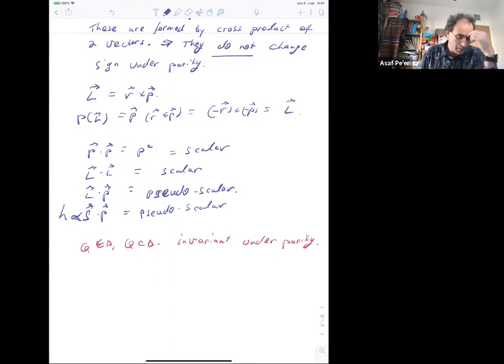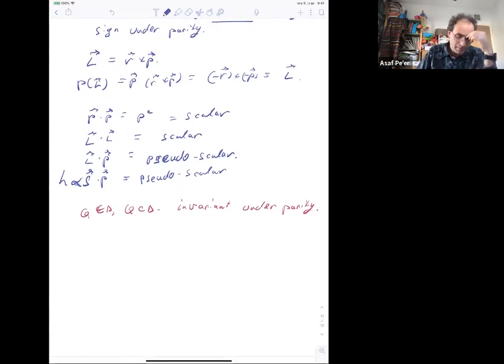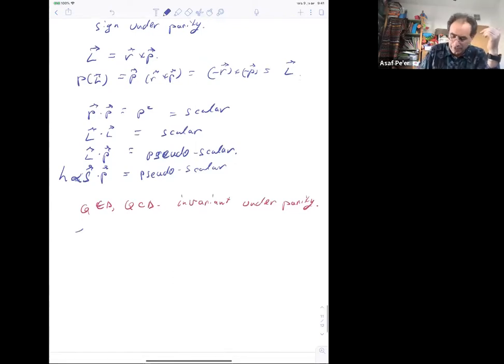All right. The simplest way to see that is if you look classically, for example, classical Lorentz force, classical EM.